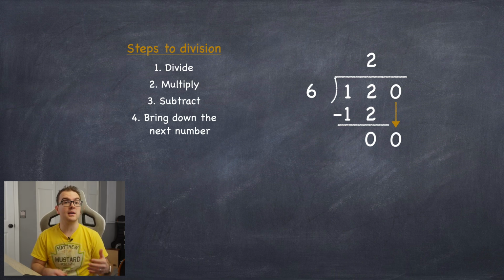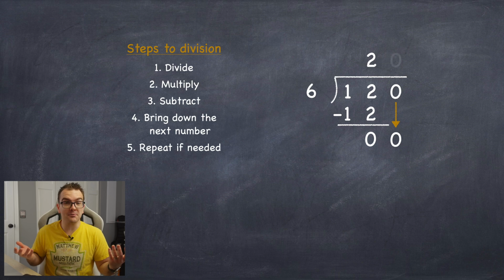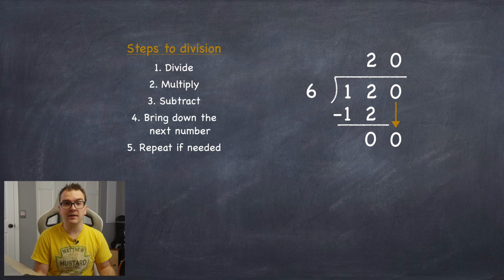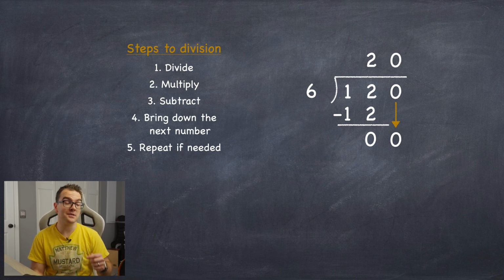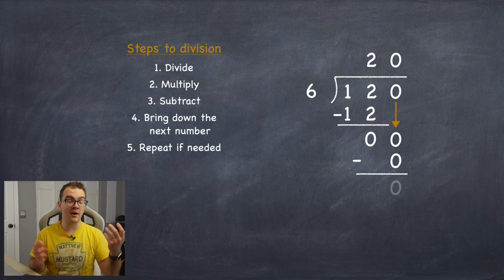So now we can say, okay, can we divide 0 by 6? Well, yes and no. The answer is 0 because it's nothing, okay? So 0 goes above the number we are solving for, and now we repeat the steps, right? 0 times 6 is 0, and 0 minus 0 is 0, meaning there are no remainders.